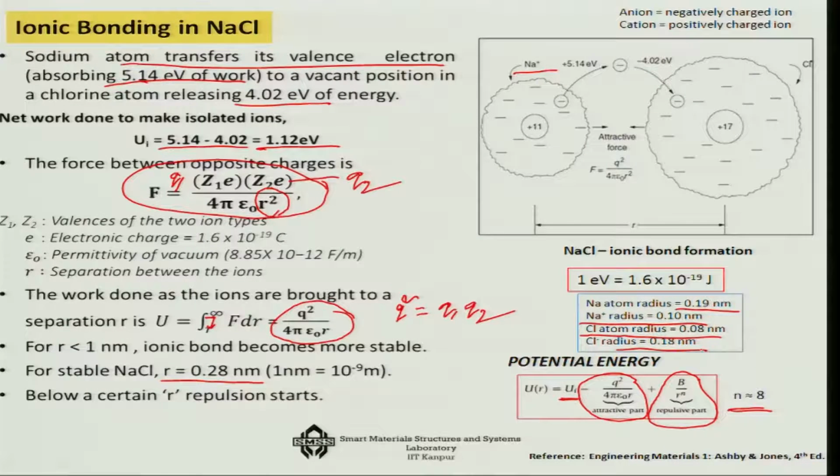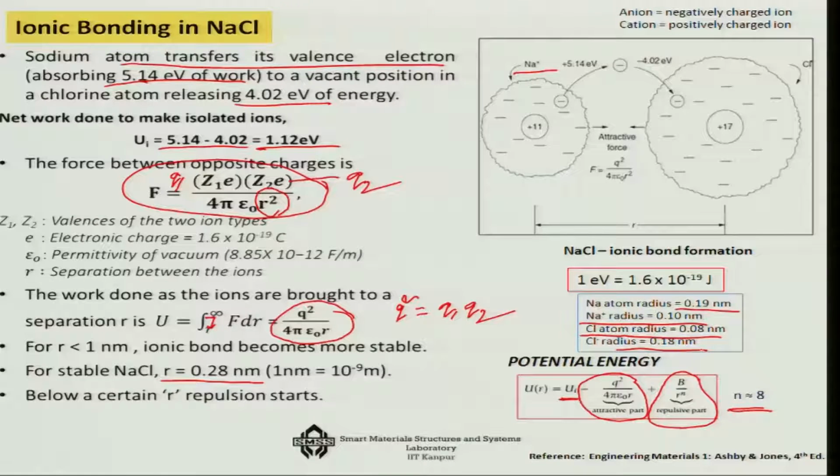So as far as the ions are concerned, the chlorine ion is bigger than the sodium ion, and as far as the atoms are concerned, the sodium atom is bigger than the chlorine atom. That is what happens because of the exchange of electrons from one to the other.